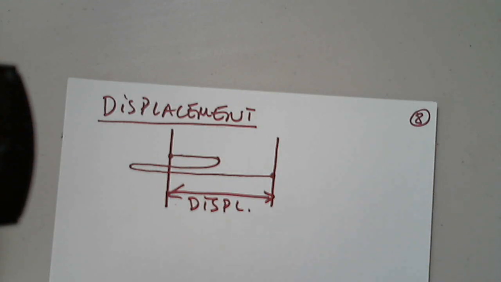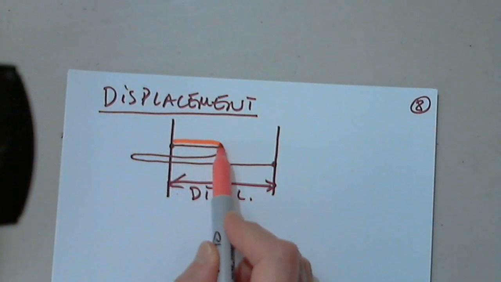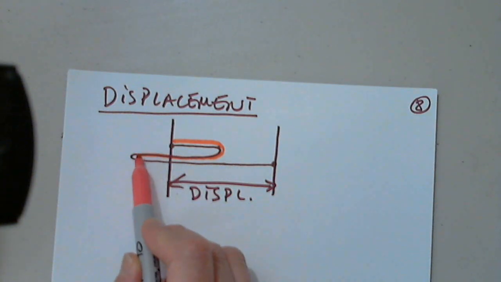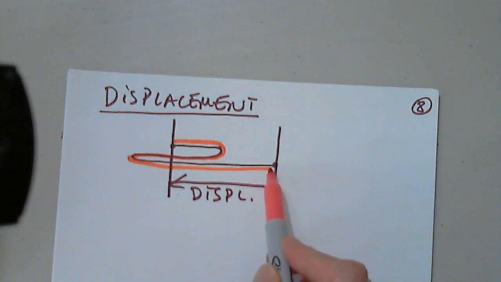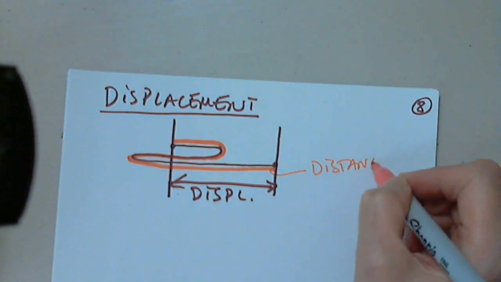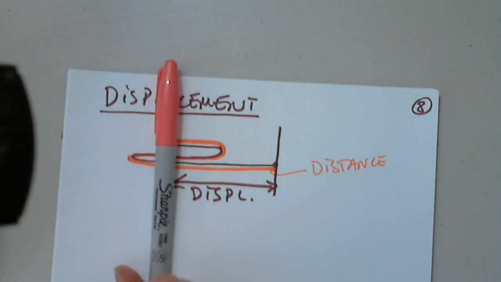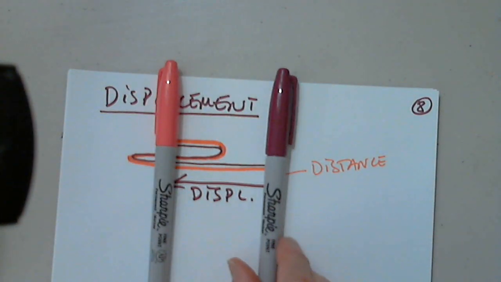What is the distance covered by the particle? This distance plus this distance plus this distance. So this is the distance. The displacement says it started at this point and it ended at this point.